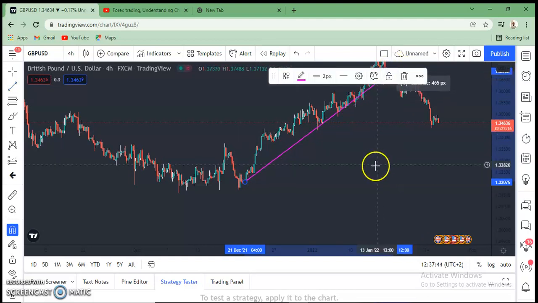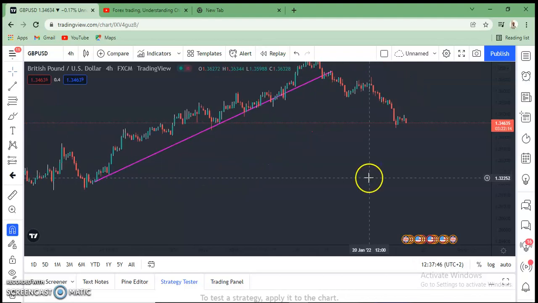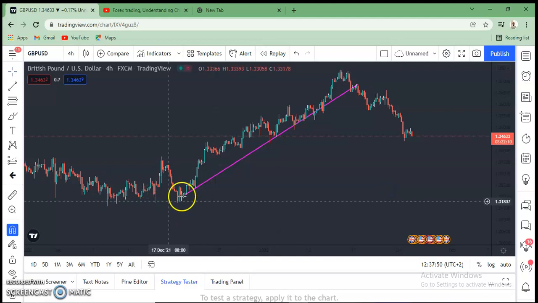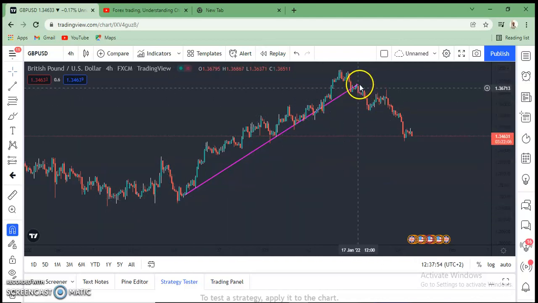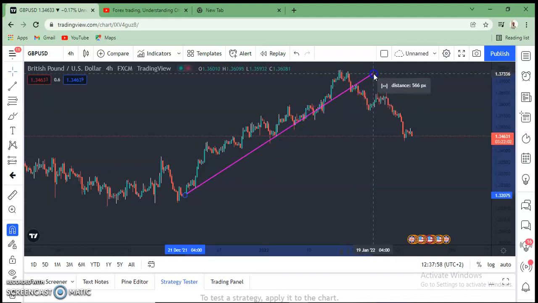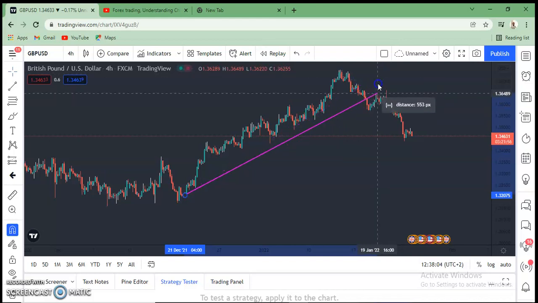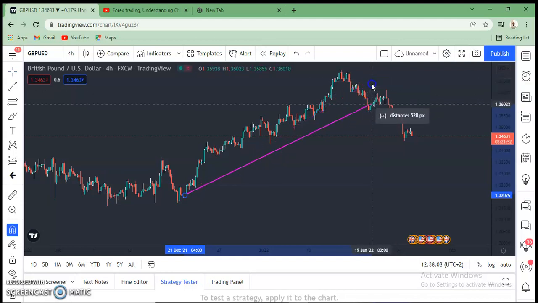In the Forex market, there are also fake breakouts, and that's why we wait for the confirmation. Confirmation is when the market has broken the resistance or the trend line and has retested. That is when we say it has confirmed that it's going down or it's going up.